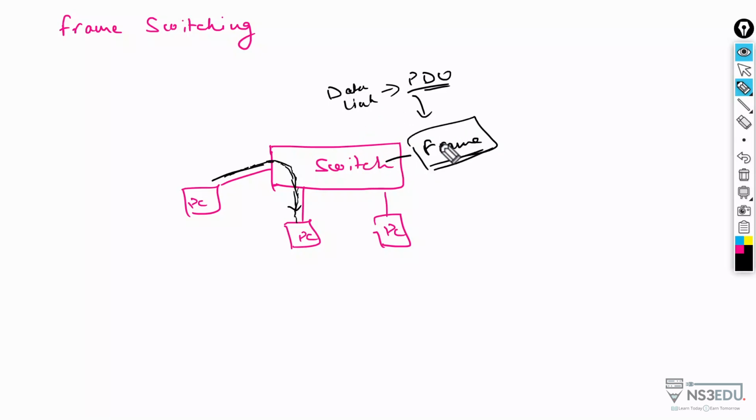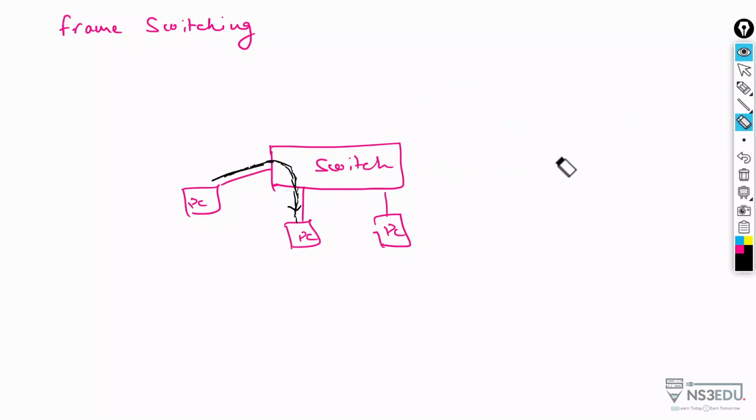Frame switching, the frame is a PDU, the switch understands the frame, and everything revolves around frames. So it is very important to understand what a frame is and what the components of its header are. Now I'll explain how we actually do frame switching.